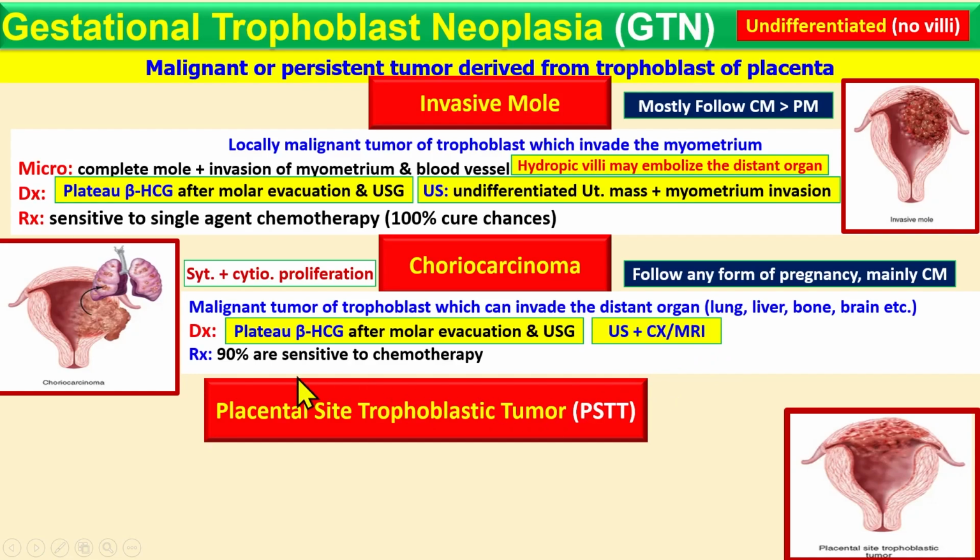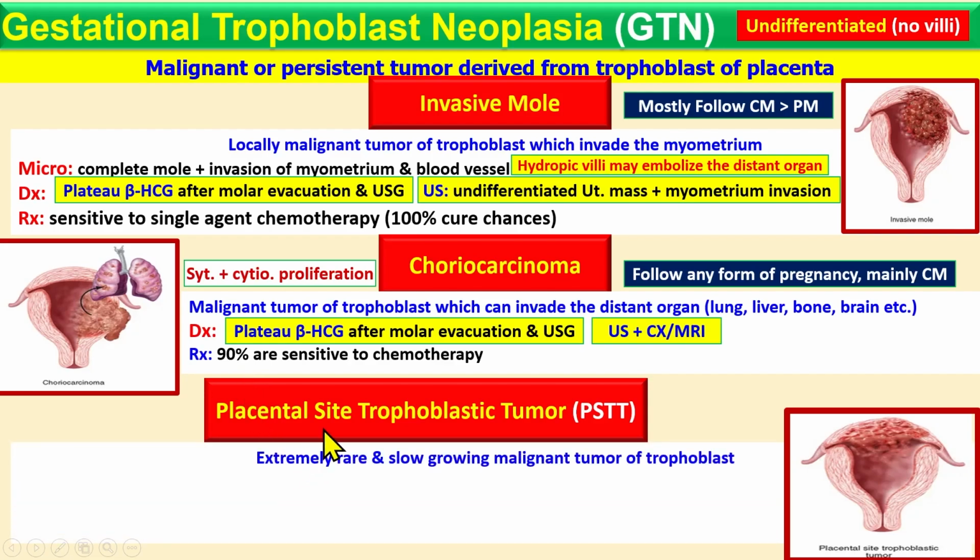More than 90% are sensitive to chemotherapy, depending on the condition. If it is low risk, we start with single agent chemotherapy. If it is a high risk choriocarcinoma, we give combined chemotherapy. Curative chances are more than 90%.